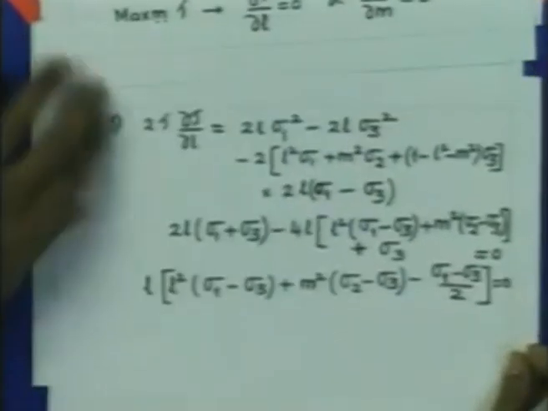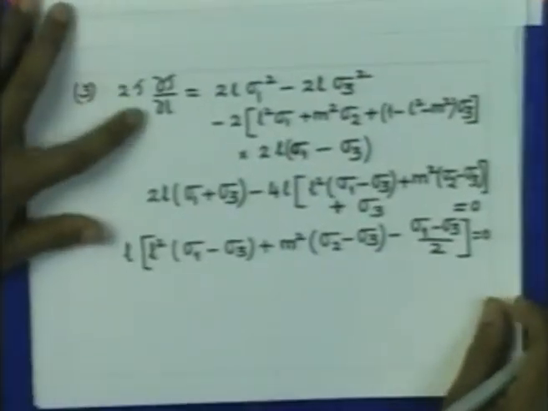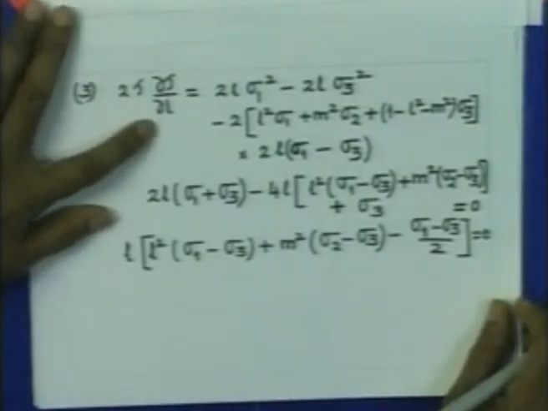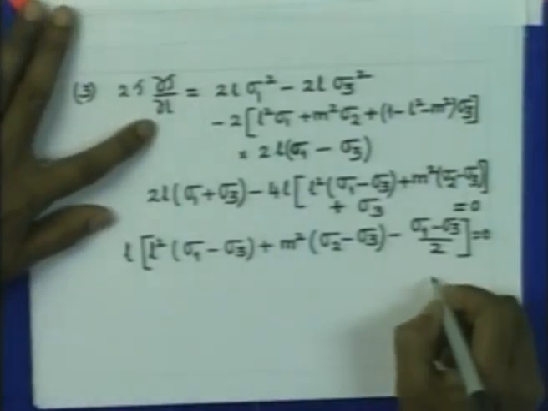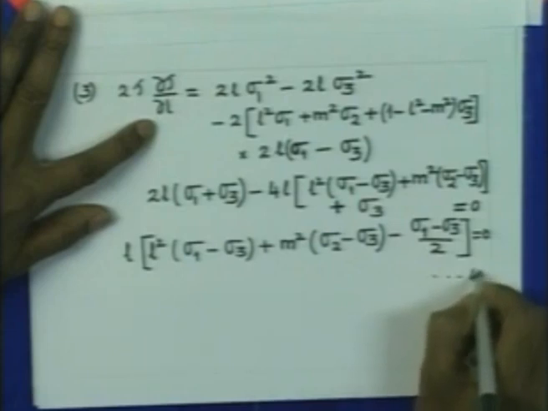This is the equation which we obtain by using delta tau delta l equal to 0. Let us say that this is equation number 4.